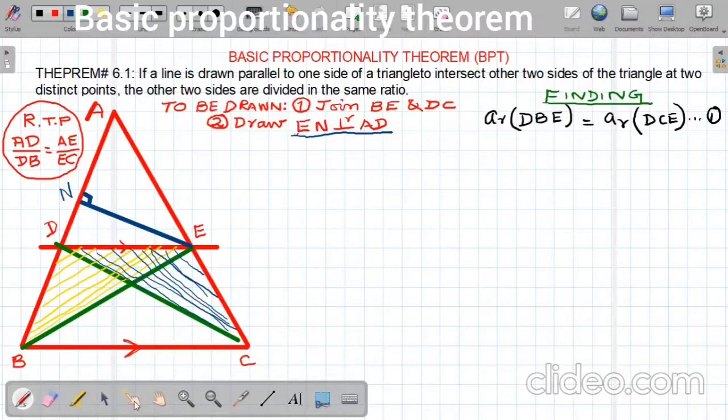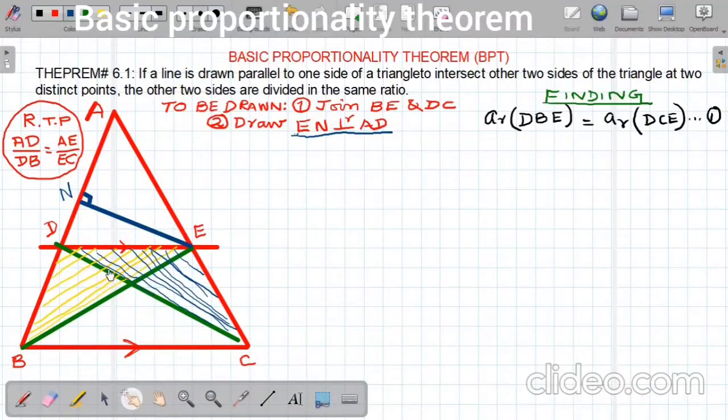Now let us take the areas of triangles ADE and DBE, using EN as the height.